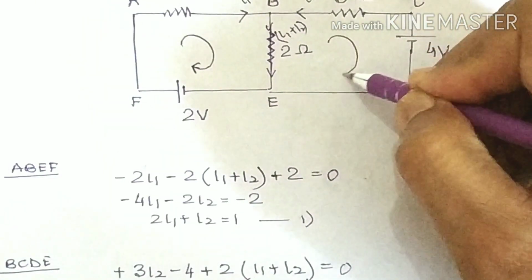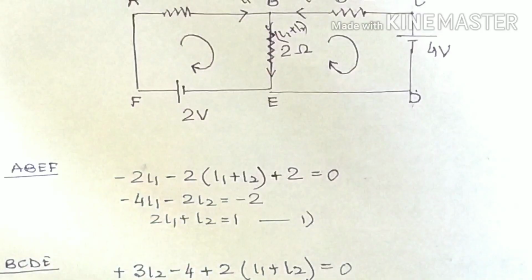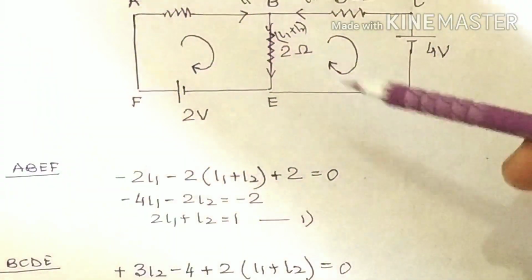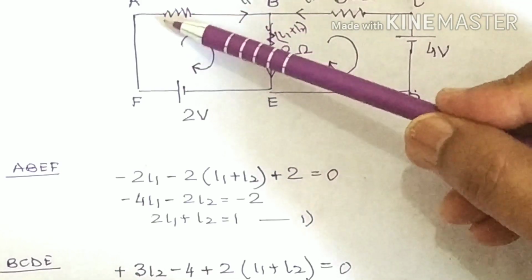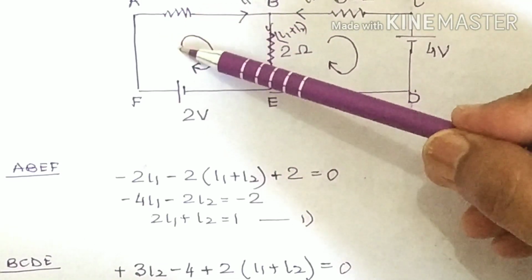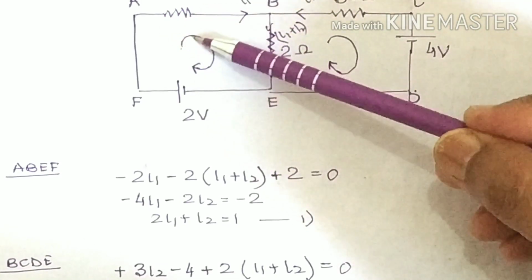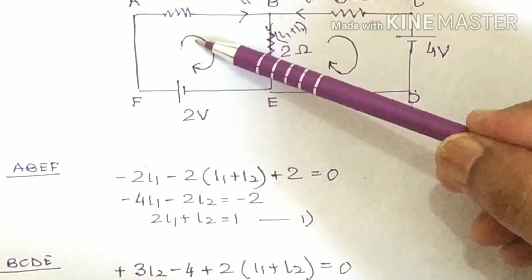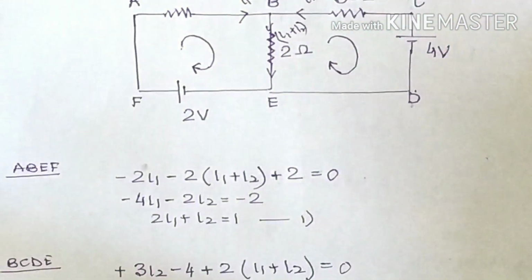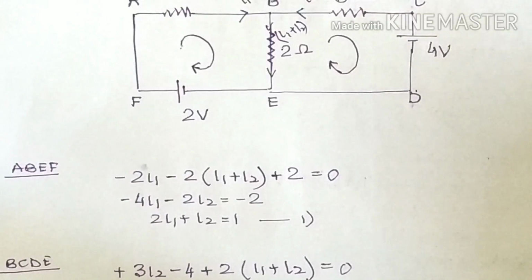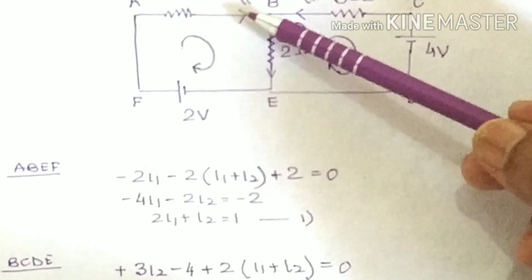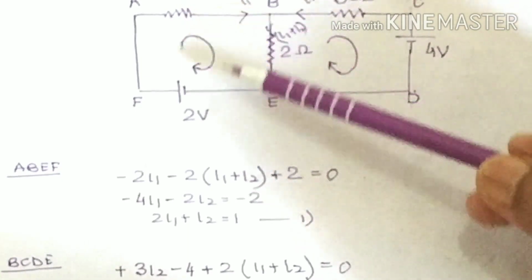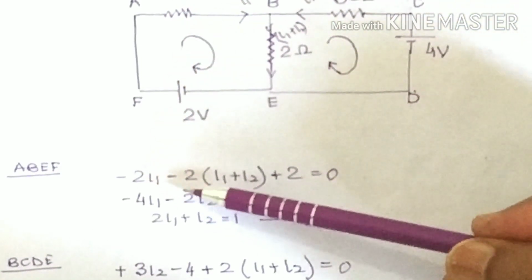Same, draw a clockwise arrow over here. Now, for the 2 ohm, the current over here and the direction of your motion are in the same direction, so the potential will be taken as negative, that is minus 2I1.